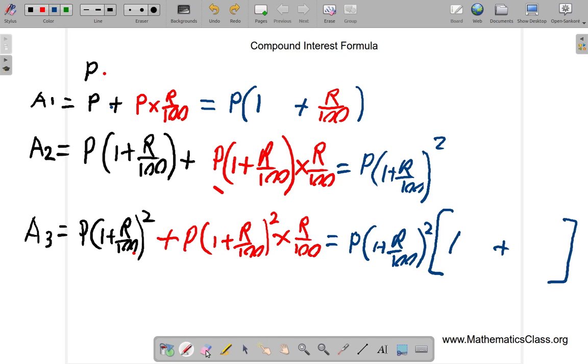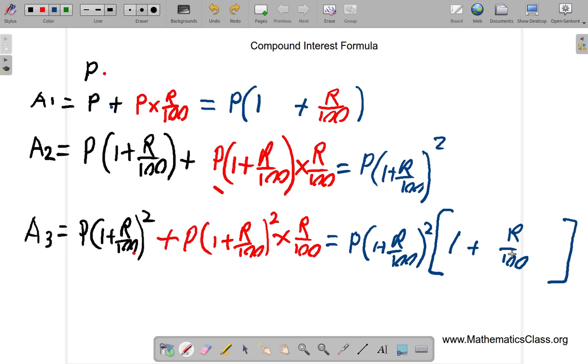Plus, let me move the plus sign further to the left so I have more space to write. Now, P times 1 plus r over 100 squared into P times 1 plus r over 100 squared times r over 100 goes how many times? It goes r over 100.